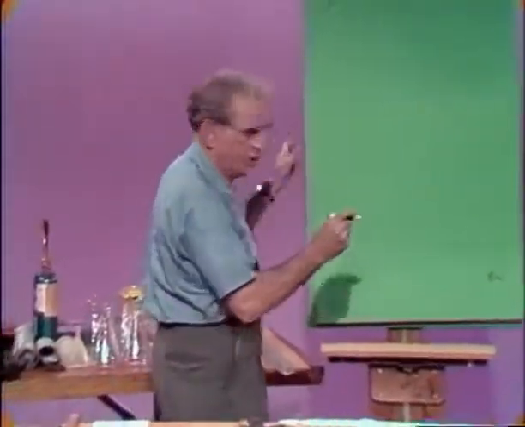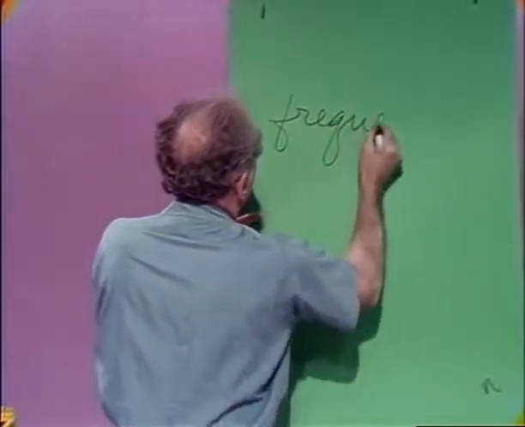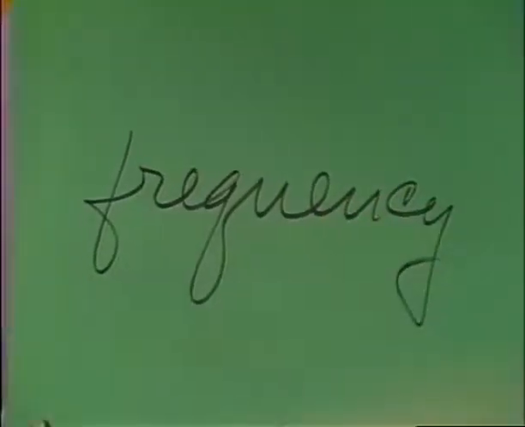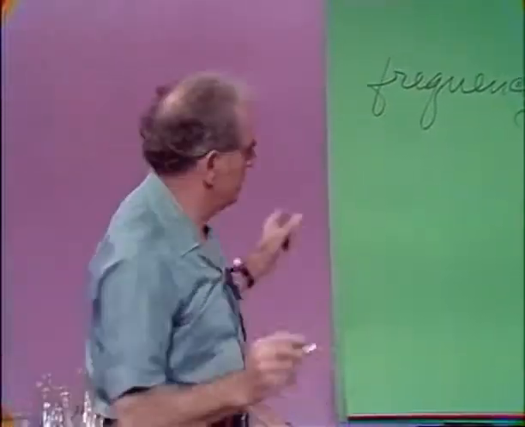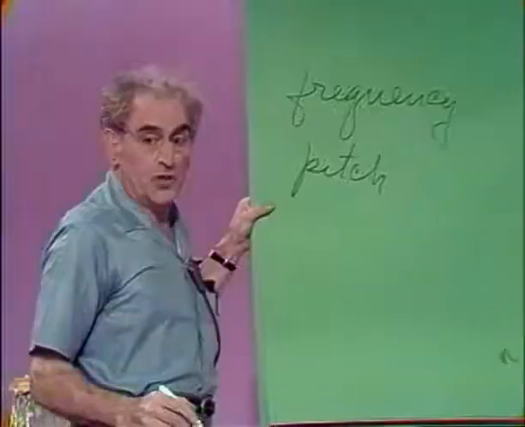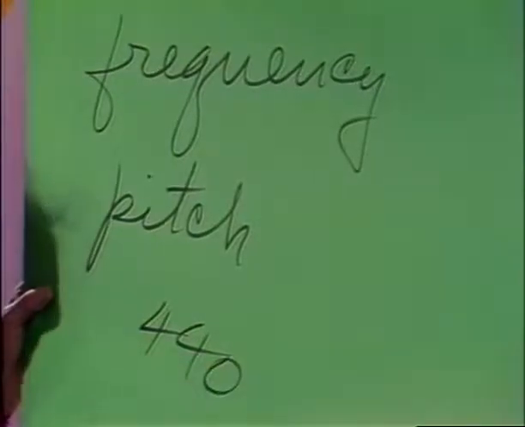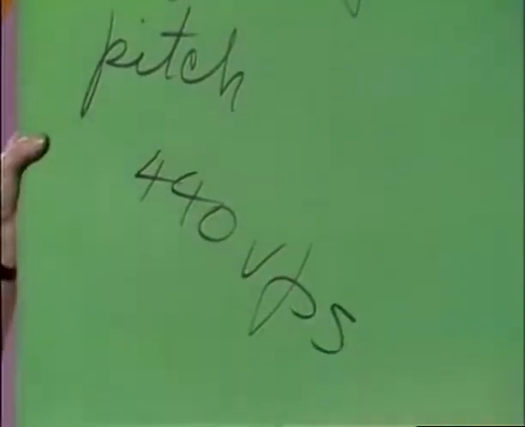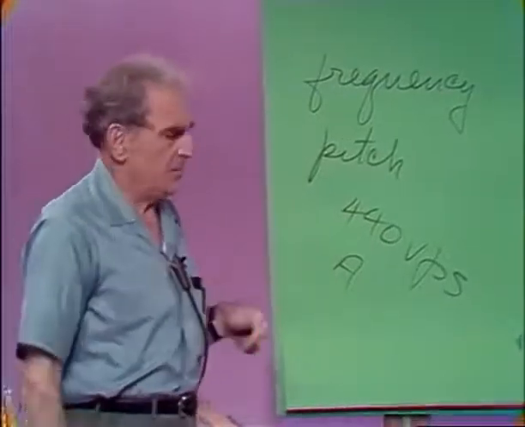That bar has a certain mechanical motion so fast, we call it the frequency. It gives rise acoustically in my ear to my brain a property called the pitch. For example, I struck a bar which vibrates 440 vibrations per second, and we call that A. If I strike a tuning fork, let me find one here.